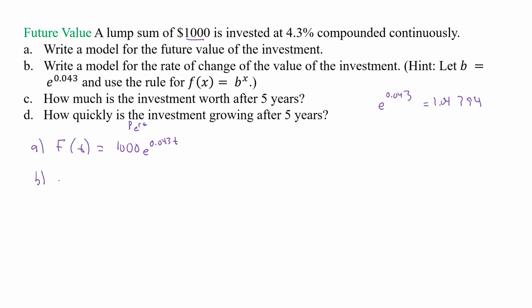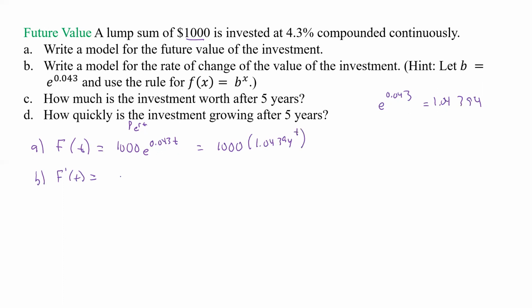Then we need to find f prime of t. Let's go ahead and write that again as what we were doing before: 1000 times 1.04394 to the t.